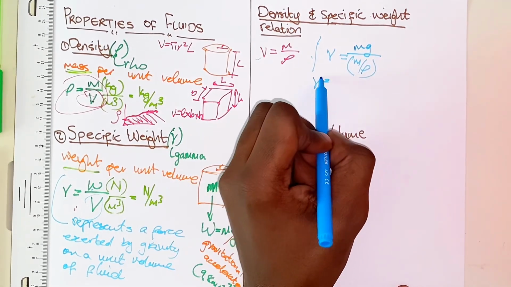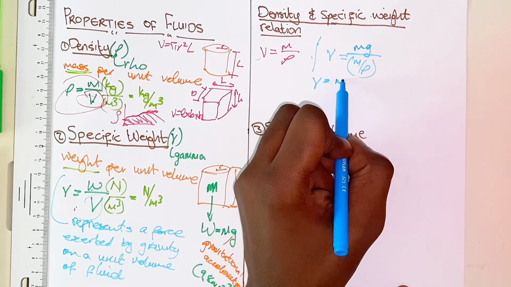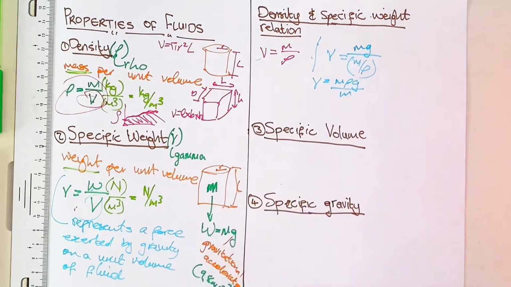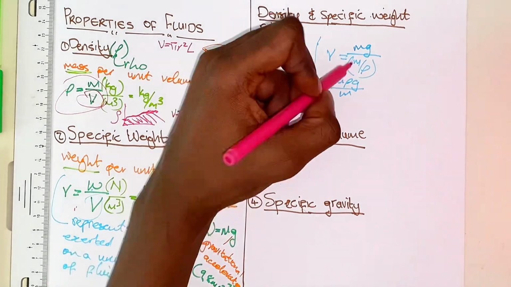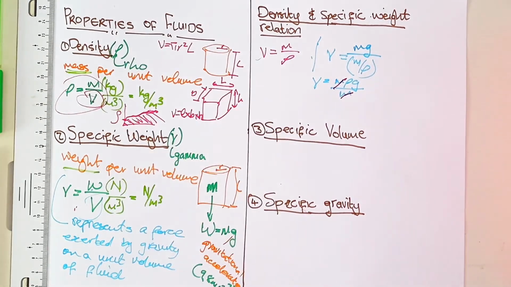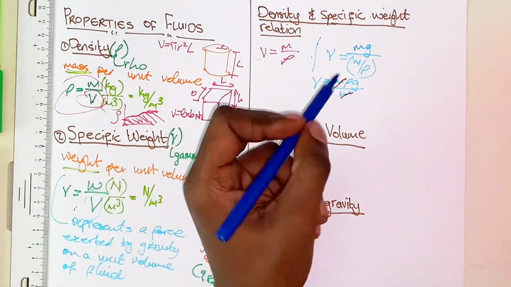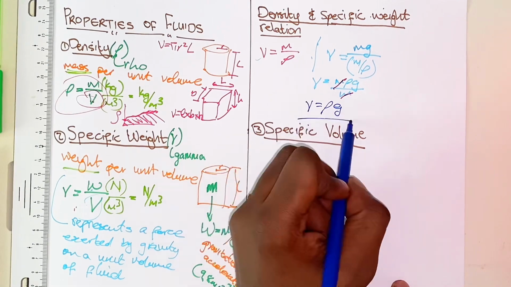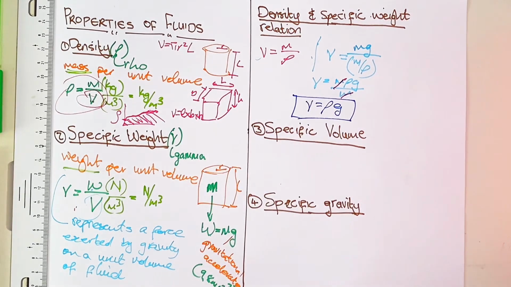Now this will give me gamma is equal to m rho g over m. Now the masses cancel each other, and then we have gamma is equal to density times gravitational acceleration.